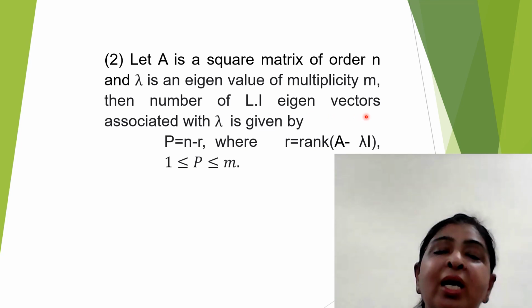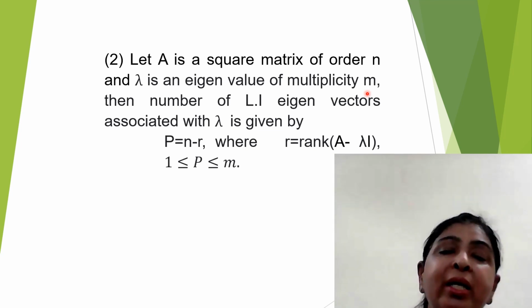Then the number of linearly independent eigenvectors associated with lambda will be P is equal to n minus r, where r is the rank of A minus lambda I, and P lies between 1 and m.